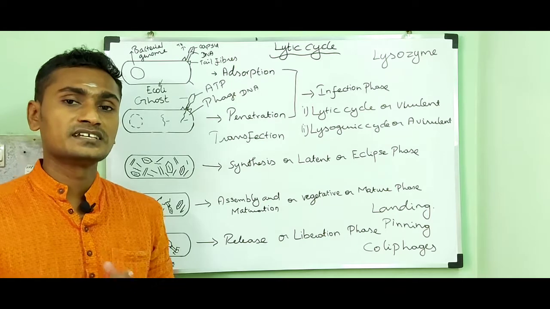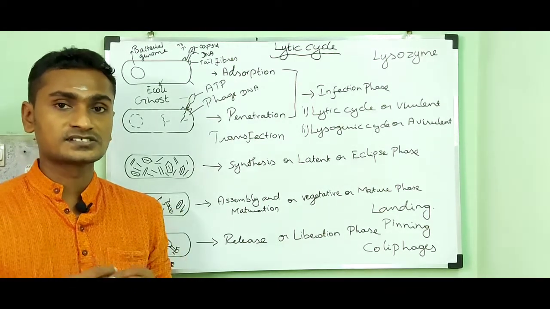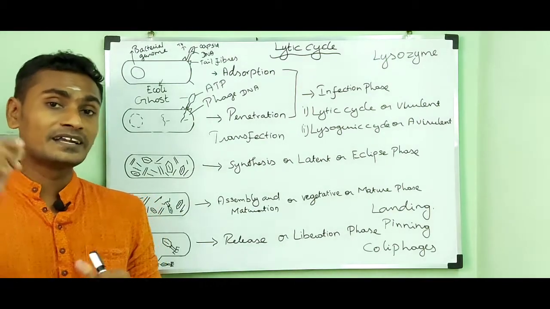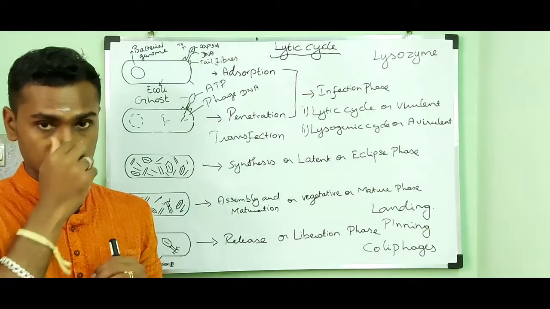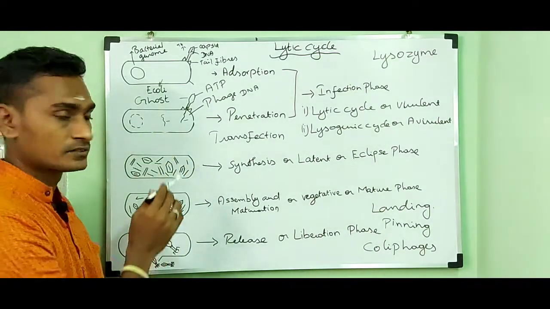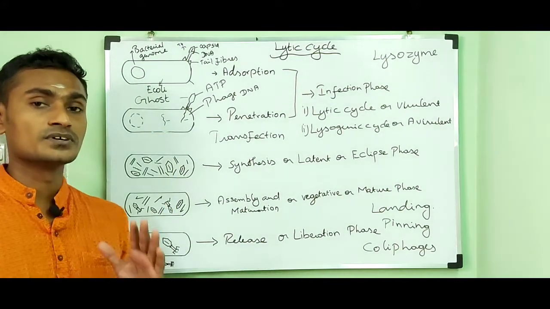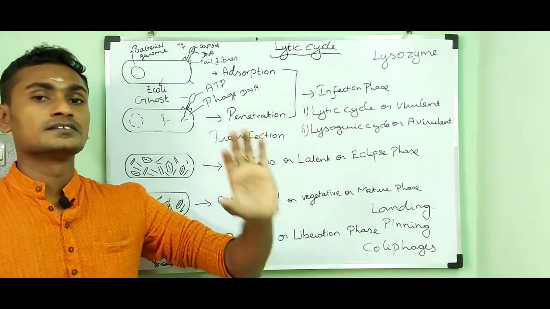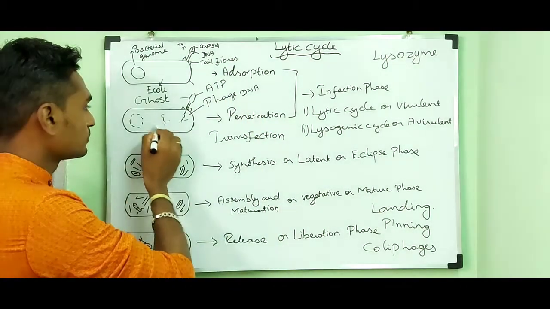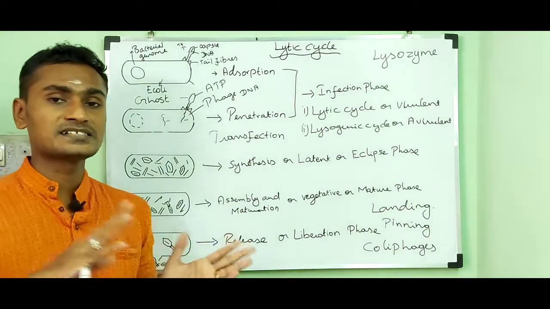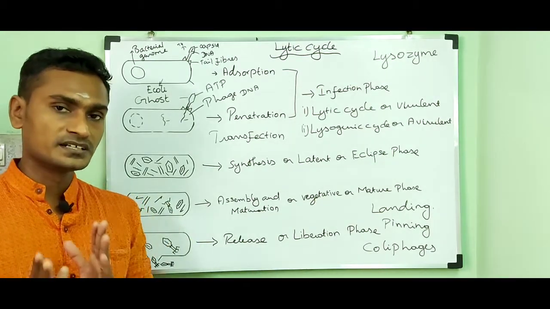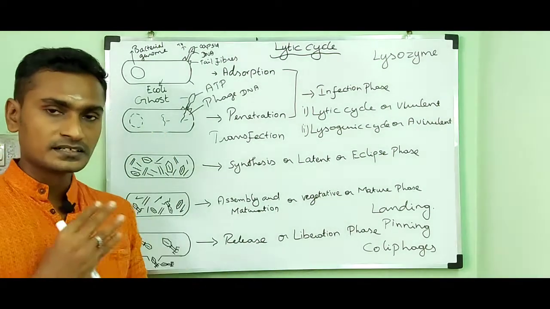Then the phage DNA suppresses the protein synthesis of the bacteria, and directs the host cell biosynthetic machineries to produce phage protein, and simultaneously the phage DNA gets replicated.